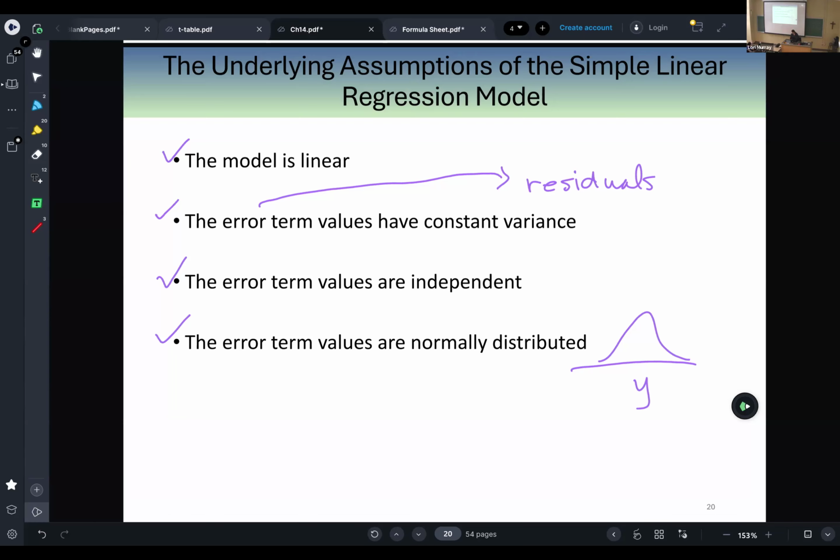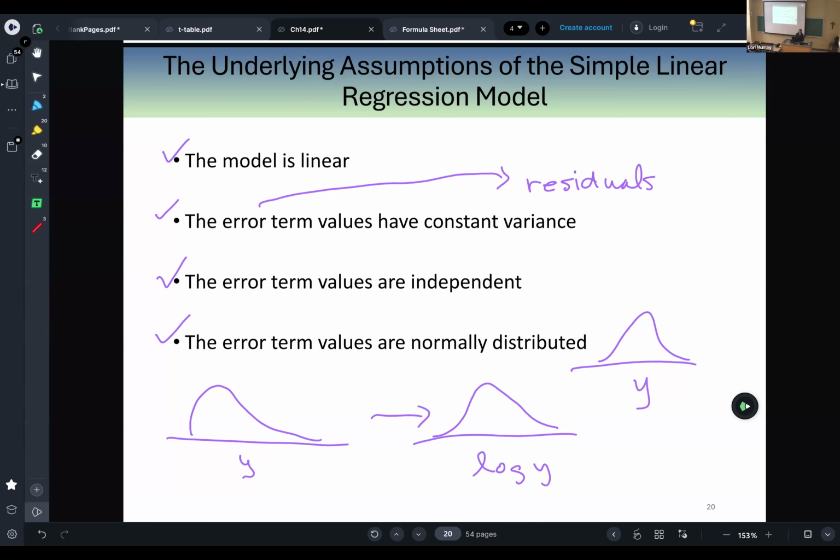If you have data that looks like this, your y, skewed to the right, and quite often sales does look like that. You might have a lot of sales grouped together, and then some larger amounts out in the tails, and it doesn't usually look normal. So we just do a transformation. We take the log of y, and quite often it's so nice when this happens. You plot it and it comes out normally distributed.